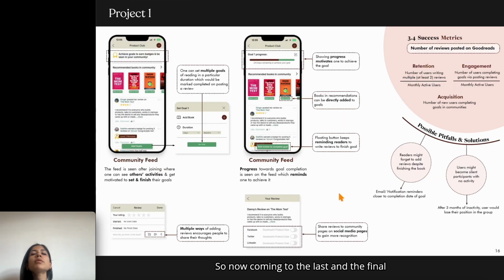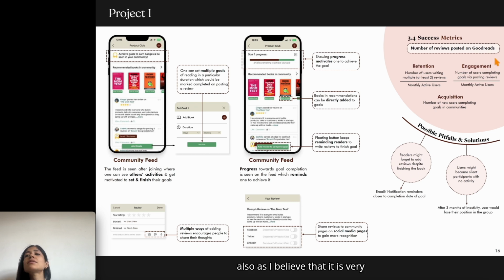So now coming to the last and final page of this project, it had a continuation of the mock-ups where again I have put the other screens and the features that have gone into them, and again the reasoning behind them. Next, I had mentioned the success metrics for the project. Since the project was done in a product management fellowship, these things were very crucial to consider.